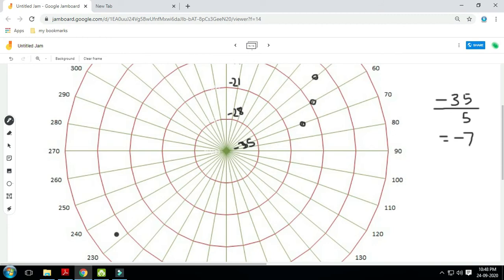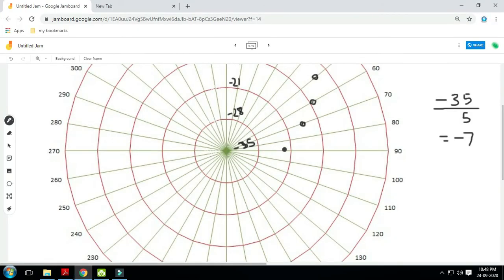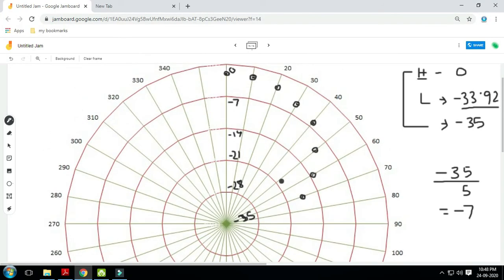Now at 80-degree, it is minus 15.92, almost 16. So at the midpoint it is 14, 15, 16, 17.5. So if we draw a circle here, it will be the minus 17.5 dB circle.